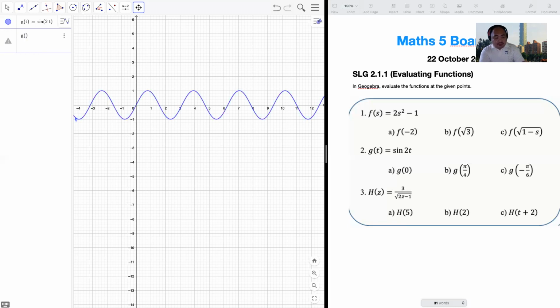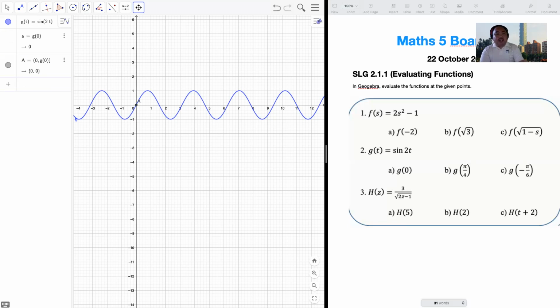For example, g of 0: you wish to know what is g of 0, and there you go. It is 0. You will see in the input bar that g of 0 is 0. If you want to see this as a point on the graph, then you might want to indicate this as the point (0, g of 0).